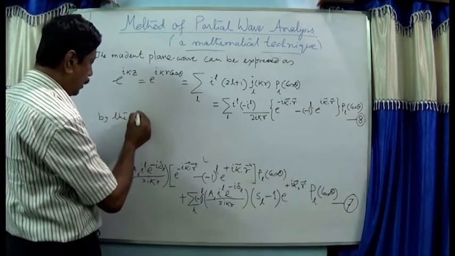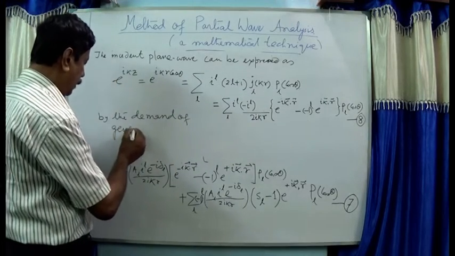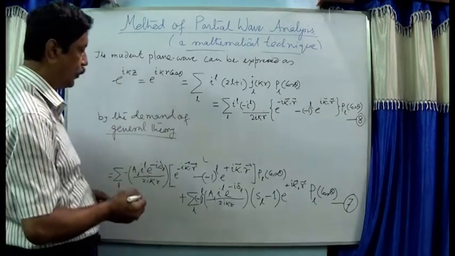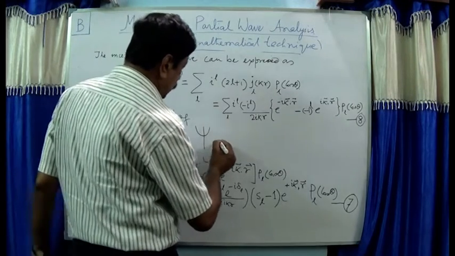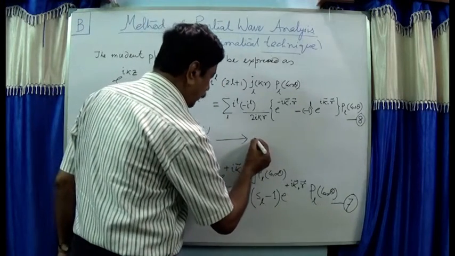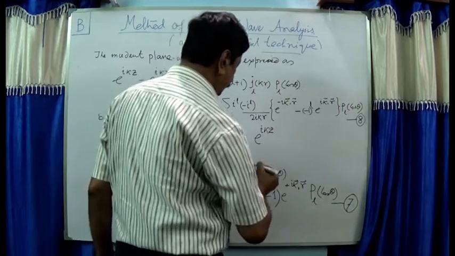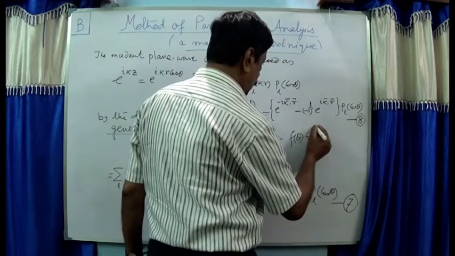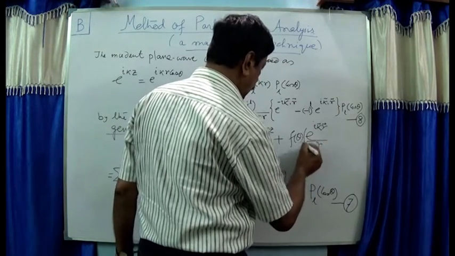By the demand of general theory, we expect that the total psi can be written as e to the power ikz plus f theta e to the power i k r by r.